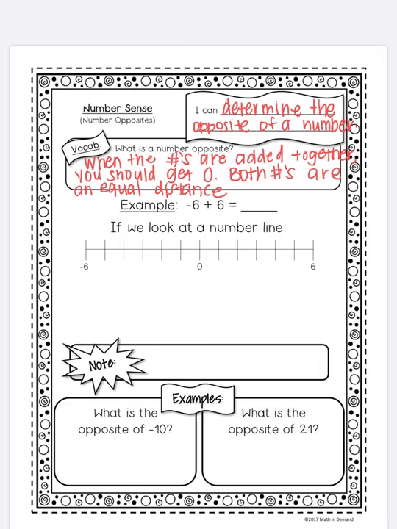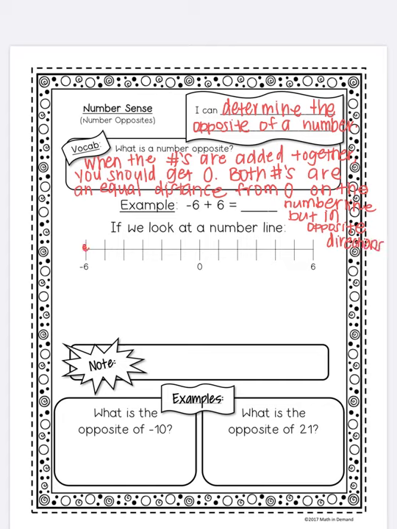So both numbers are an equal distance from 0 on the number line, but in opposite directions.